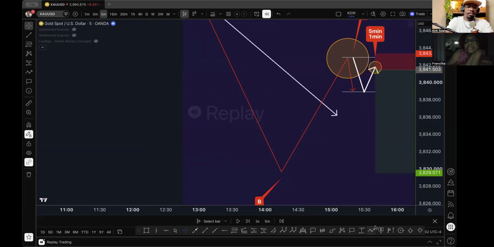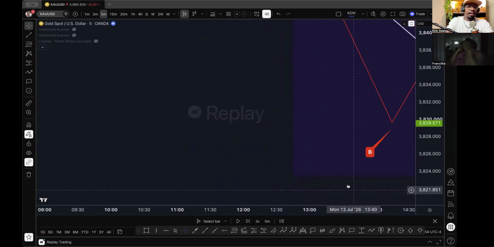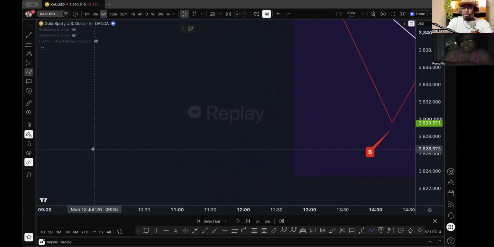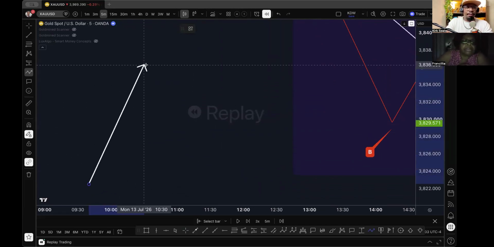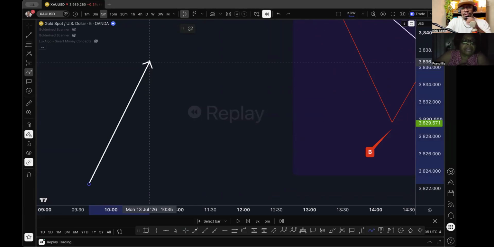All right. And the last thing I'm going to show you, and we could probably pick this up next week, is looking specifically for this process that happens. Price was going up, and for it to look like it's going to stop going up on a lower time frame, it's going to look kind of like this. So price is coming up this whole time. It's going to come down a bit.